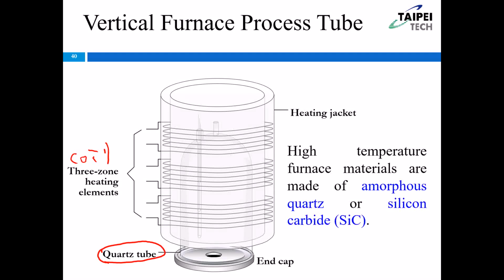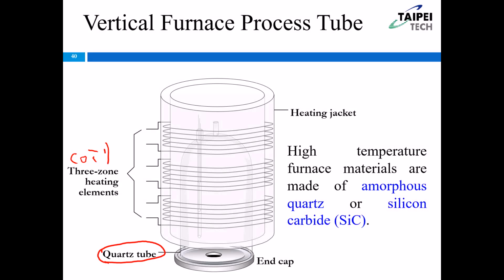So we have 1, 2, 3, and these 3 heating zones, okay? And also we have the thermocouple to detect the temperature, okay? Thermocouple here, thermocouple here to detect the temperature. And also you see today I use the coil to heat the quartz tube.